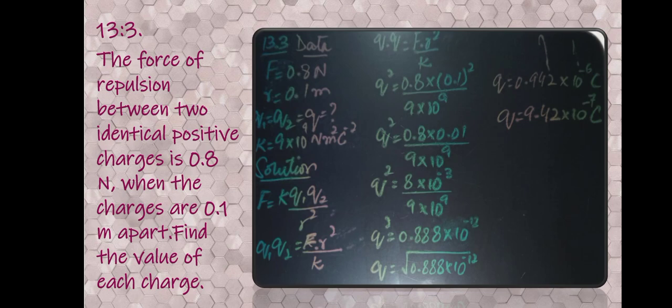Sorry, we have to subtract it because we are going towards the right. 0.942 was there. Now we have written it as 9.42. We have to add minus 1 in minus 6. That will give you minus 7. So the amount of charge on both of these charges will be 9.42 into 10 to the power minus 7.